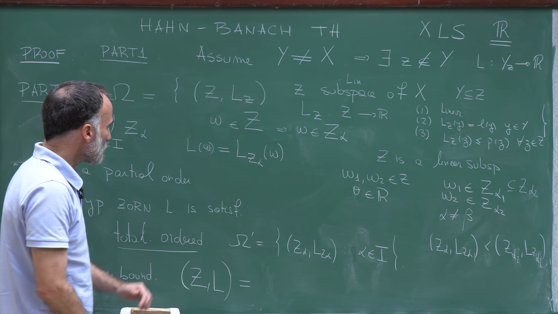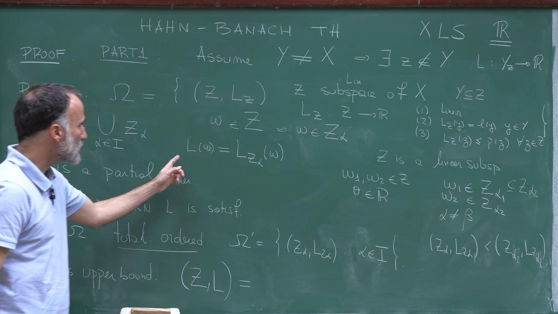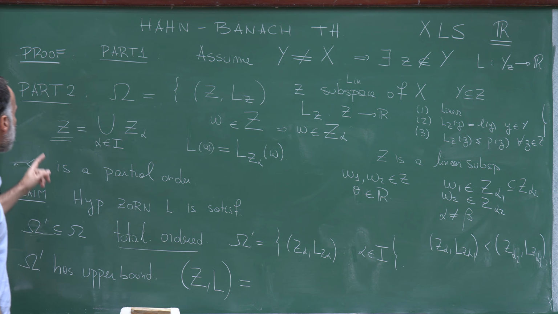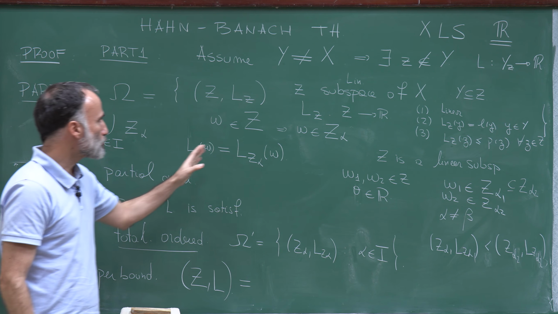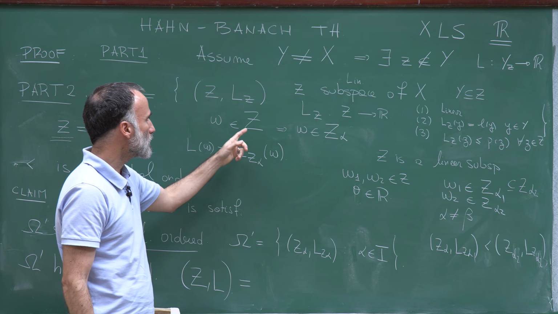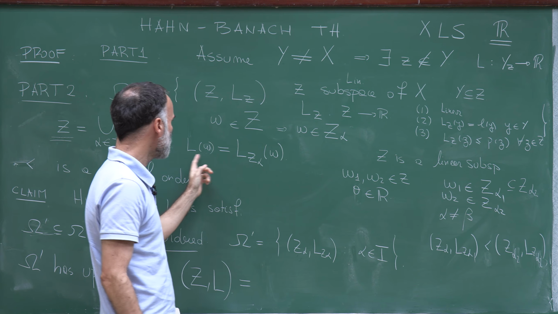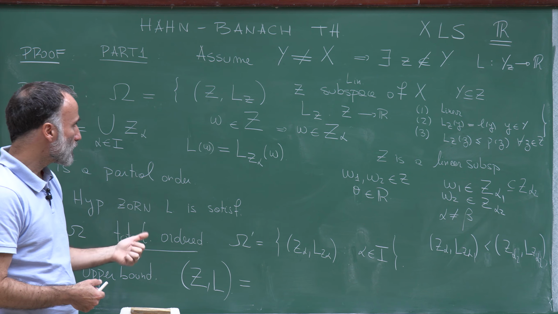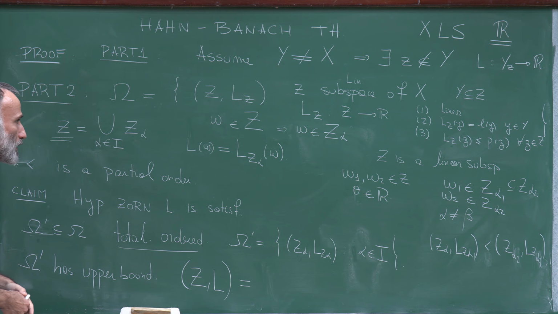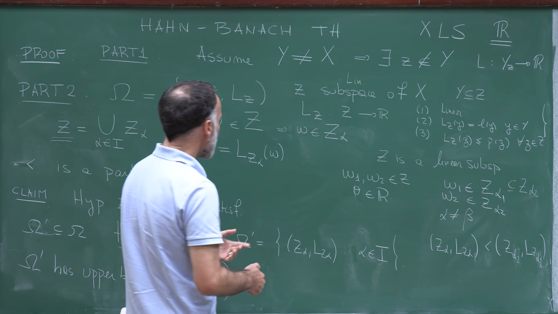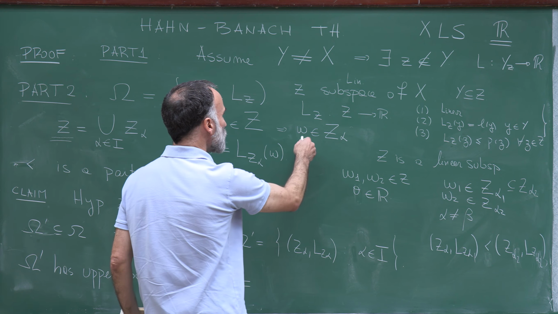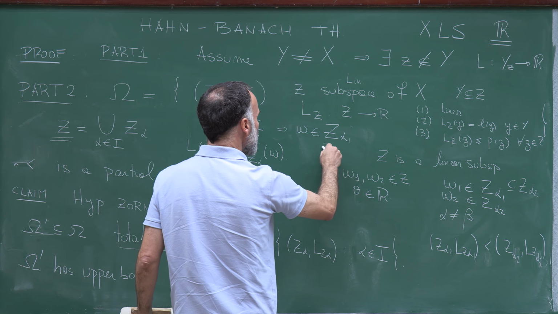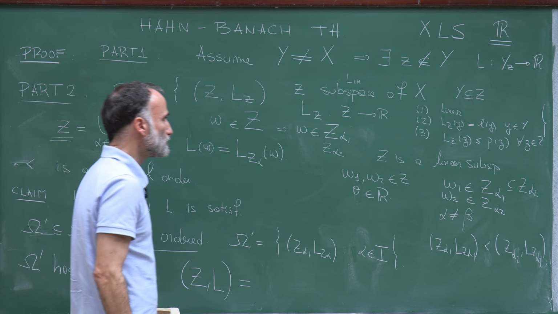Now, I have to show that L is a linear functional defined on Z. I already proposed a definition: you take an element in Z, it belongs to some Z alpha. I claim that first it's well defined, and then that it's linear. For well-definedness, what may happen? It may happen that omega belongs to a Z alpha 1 and also to a Z alpha 2.